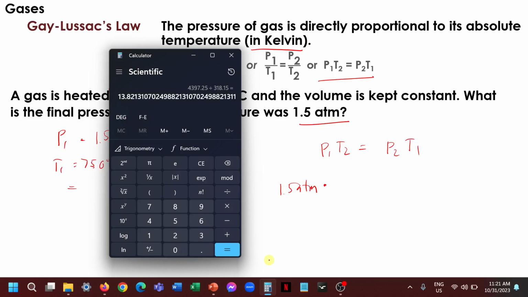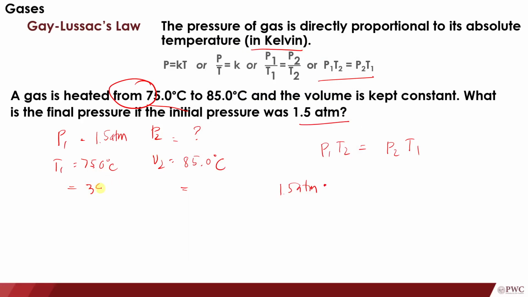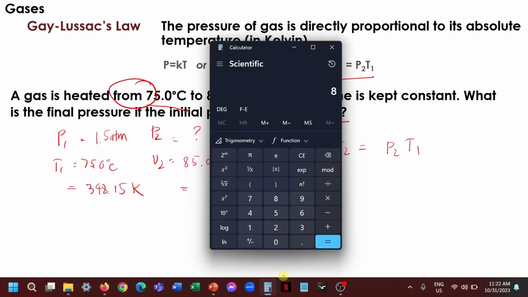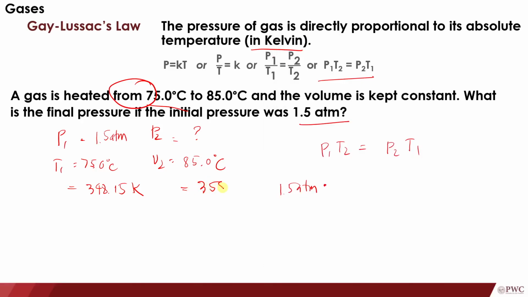So we have 75 plus 273.15. So we have 348.15 Kelvin. Then this 85 plus 273.15, so we have 358.15.